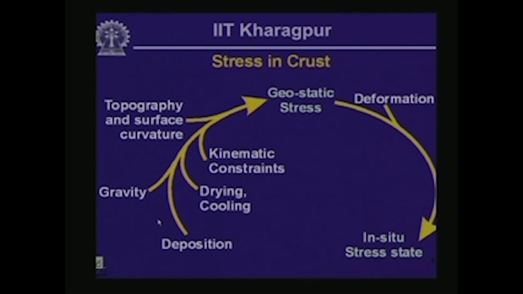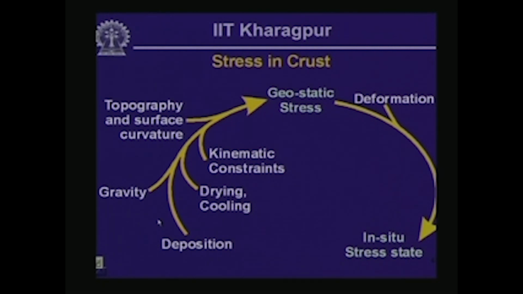Now, under the action of the geostatic stress, or because of tectonic effects, because of relative movement between different parts of a rock mass, there could be deformation of the volume of rock, and this deformation process alters the geostatic stress, and what we end up with is what is called the in situ state of stress.